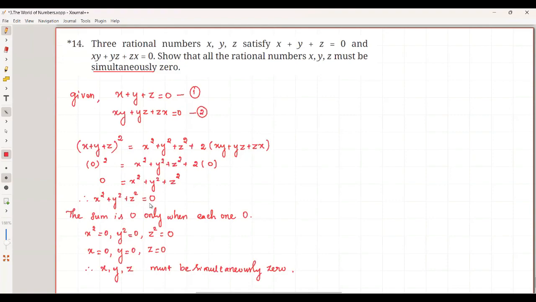When this is possible, each term should be 0: x square, y square, z square, everything should be 0. Then only will you get the answer 0. If squares are 0, x is 0, y is 0, z is 0. So all the numbers should be simultaneously 0. I hope I made it clear.